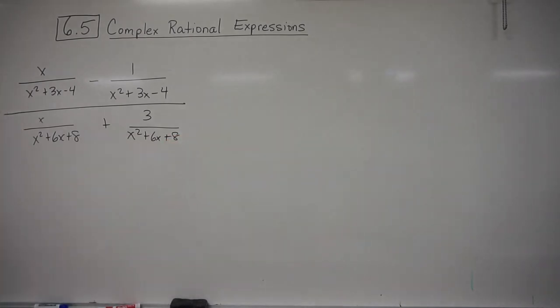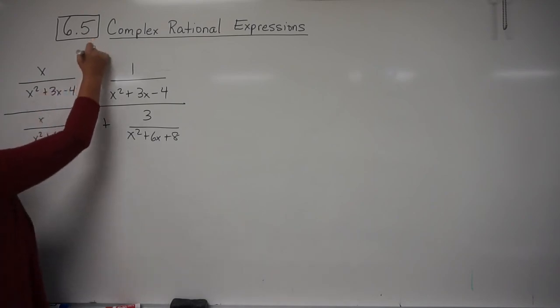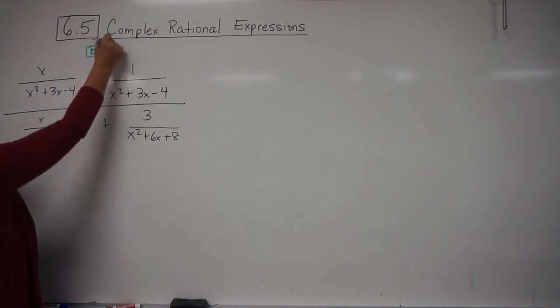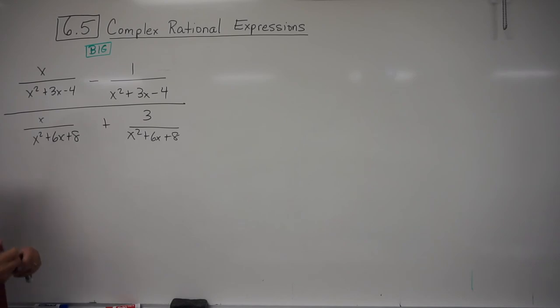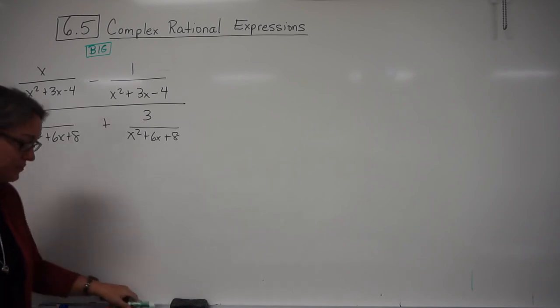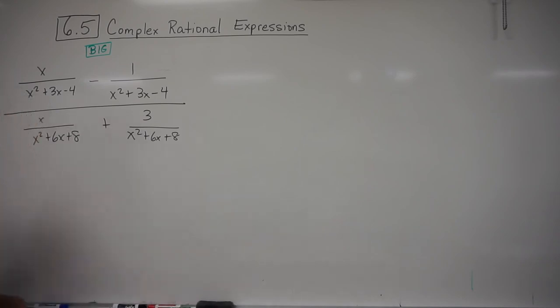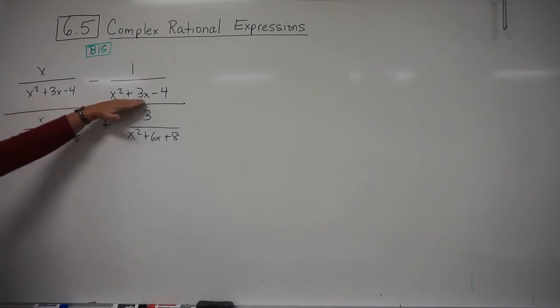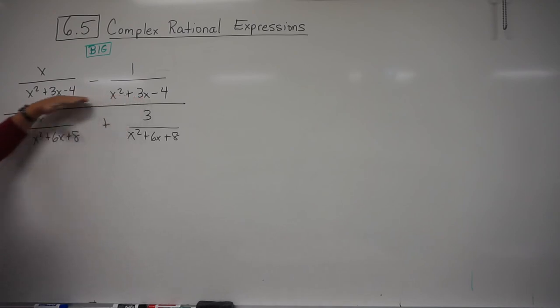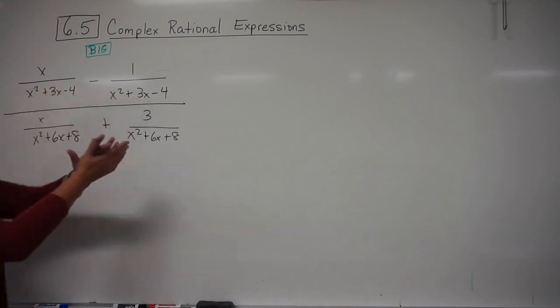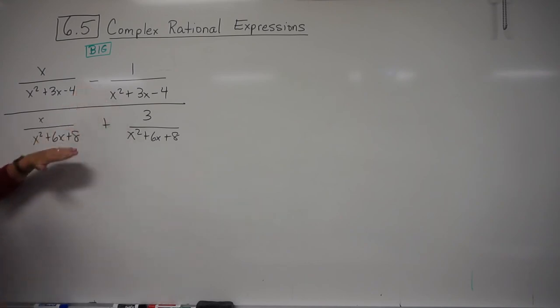That probably looks pretty intimidating. I often write the word panic on the board because a lot of times when we see something like this, we tend to panic. So again, take a deep breath. Look at the top. Aren't those denominators the same? So I could just do the subtraction there. Look at the bottom.